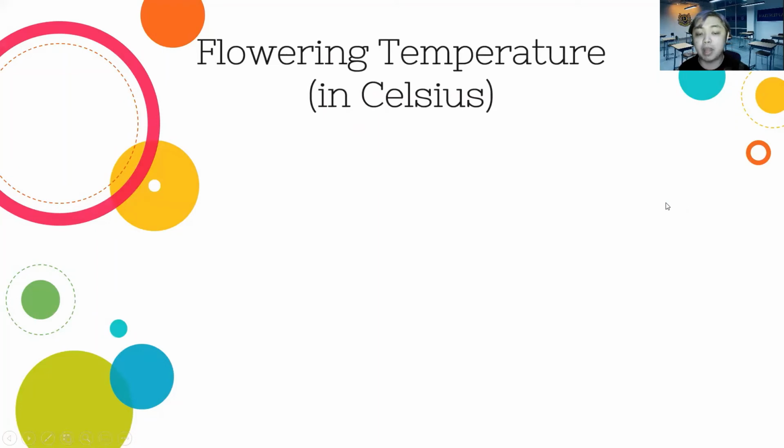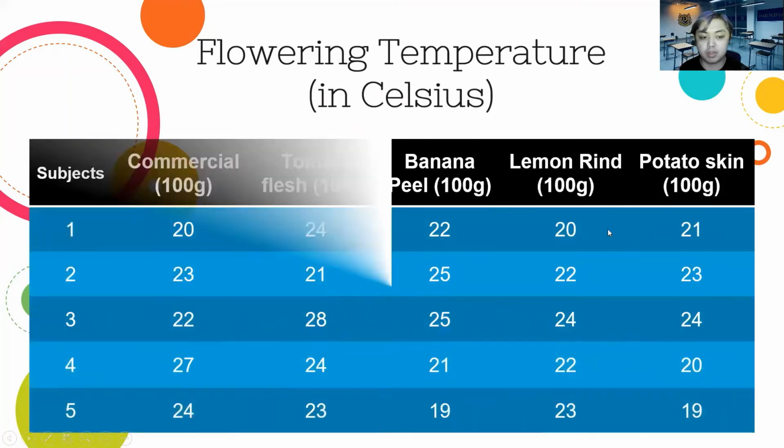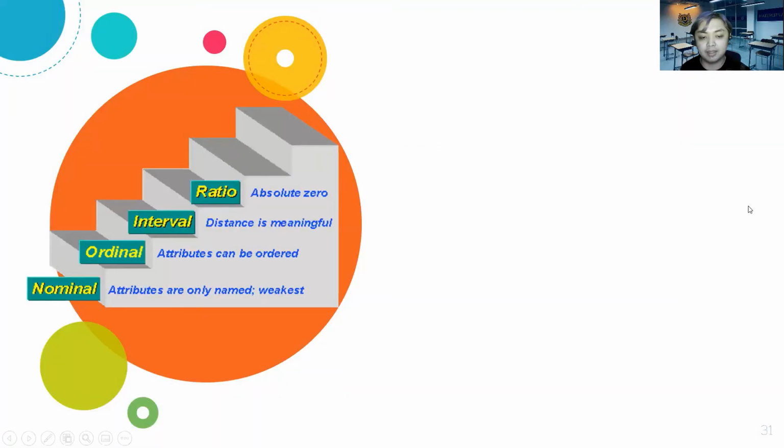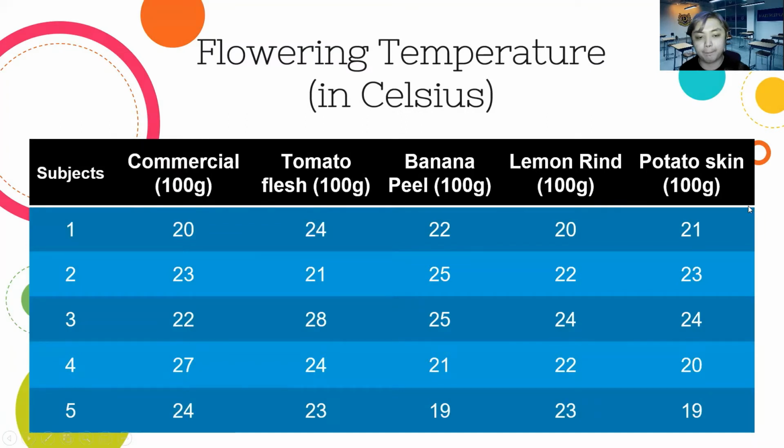For example, the flowering temperature in Celsius. So here are our data. Dito sa subject 1, it has 20 degrees Celsius for commercialized fertilizer, and then for tomato, 24.